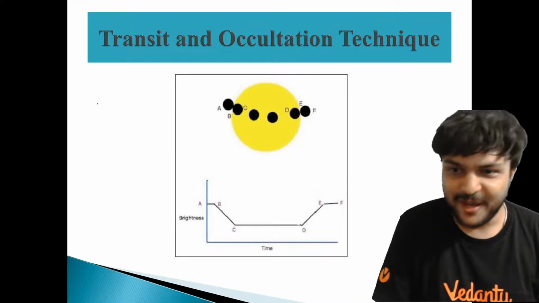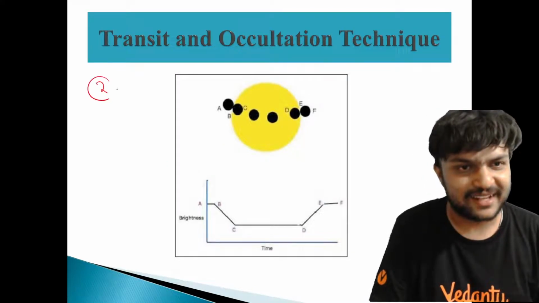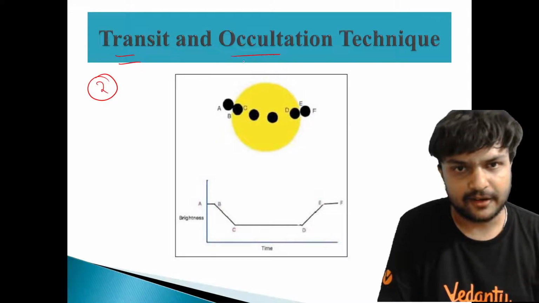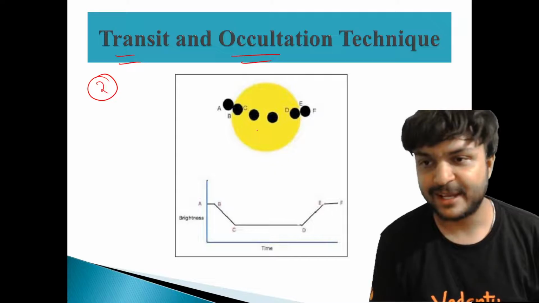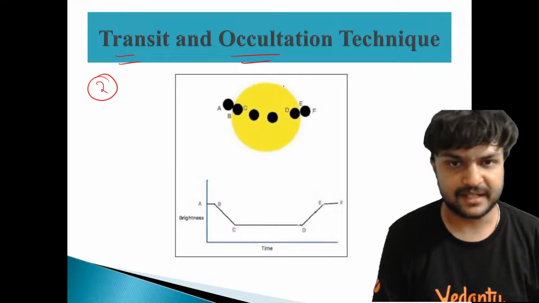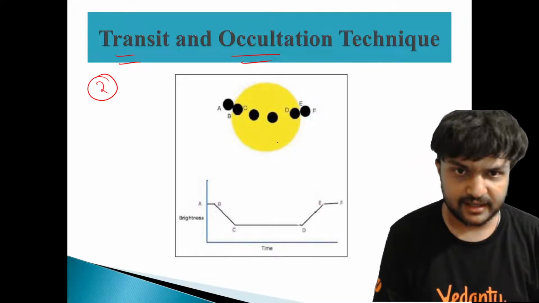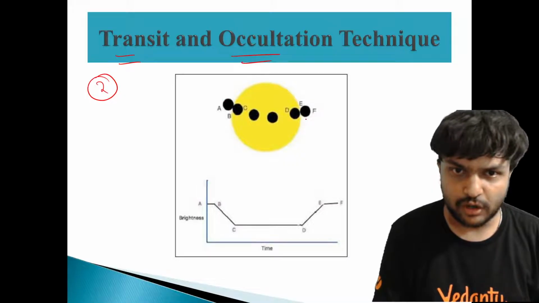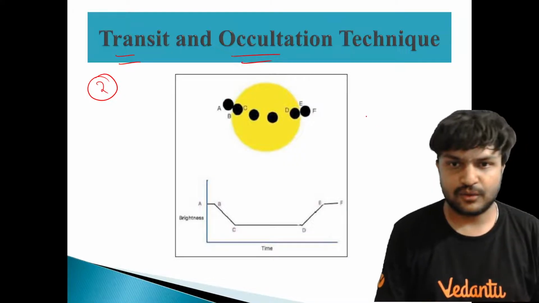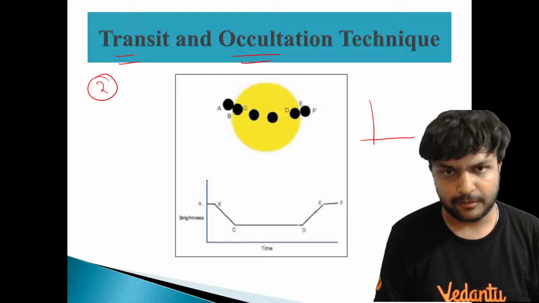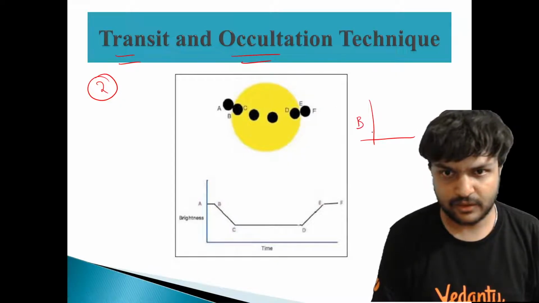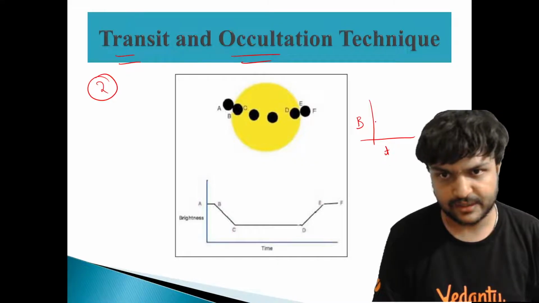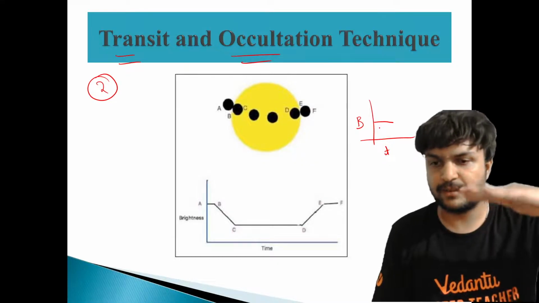The second way of detecting exoplanets is through transit and occultation. What do you mean by transit? Transit is basically eclipsing. Let us imagine this is a big star, and there is a planet orbiting it. When no planet is disturbing it, if you plot brightness on the y-axis and time on the x-axis, you will see a linear graph because the brightness is constant.